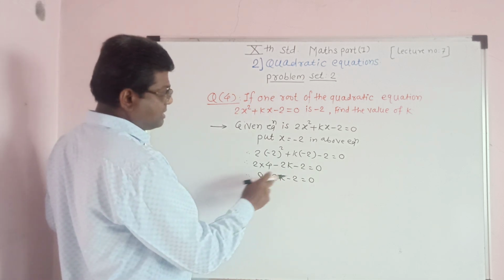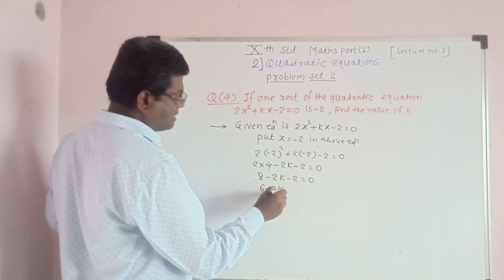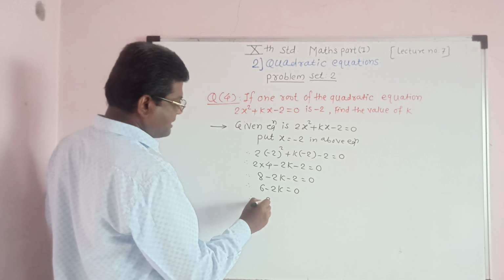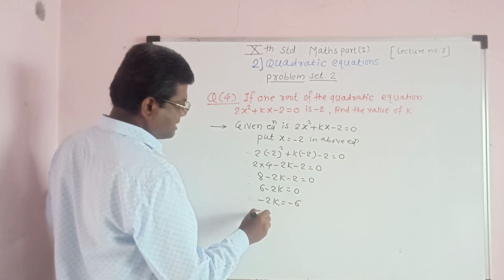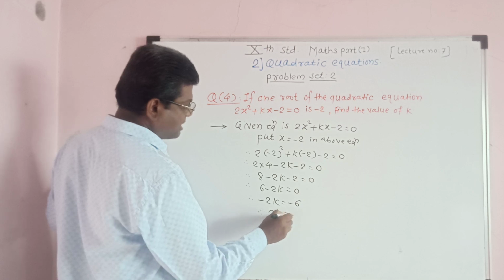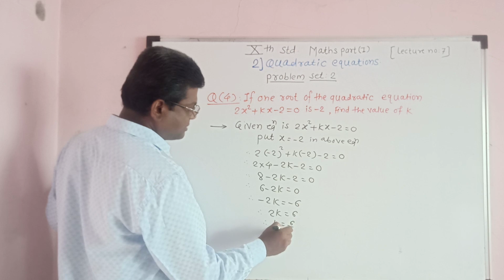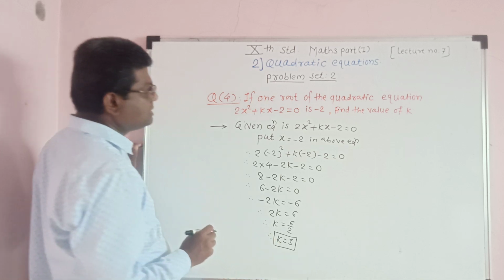Now, 8 minus 2 is 6. 6 minus 2k is equal to 0. Therefore, minus 2k is equal to minus 6. Therefore, 2k is equal to 6. Now, k is equal to 6 upon 2. Therefore, value of k will be 3. k is equal to 3 here.